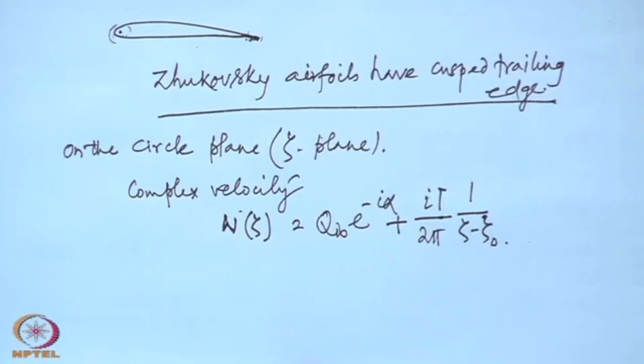What is the complex velocity due to a point doublet?